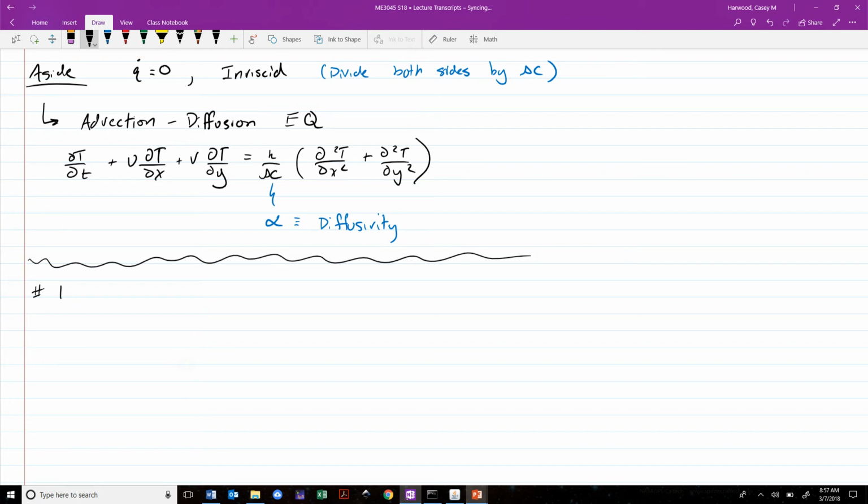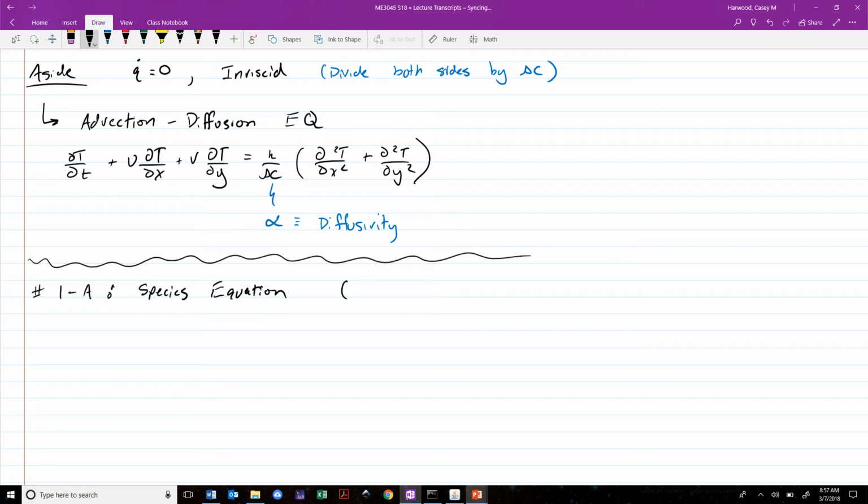There's also an analog here that we should mention for our conservation of mass. There's a special term here known as the species equation.